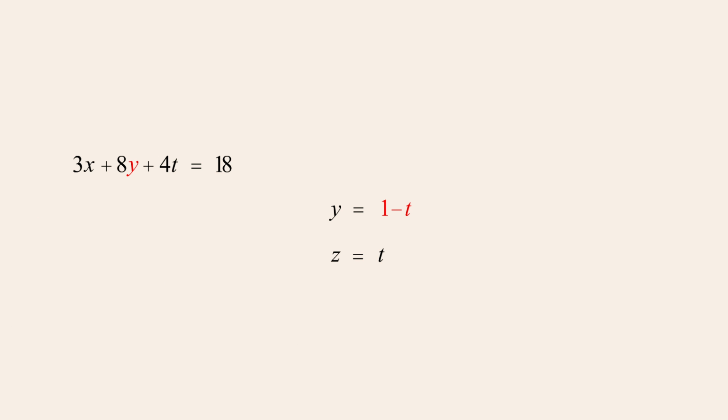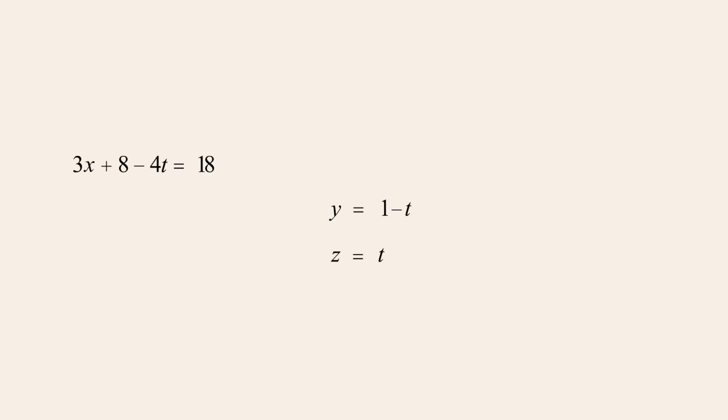Replacing y with 1 minus t, we can now solve for x. We start by distributing 8 to the terms in parentheses, and combine like terms, giving us 3x plus 8 minus 4t equals 18.